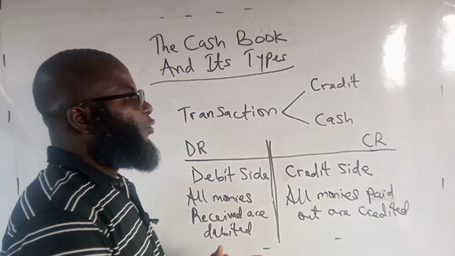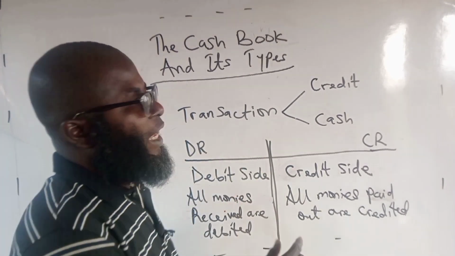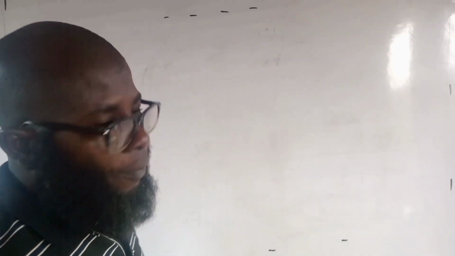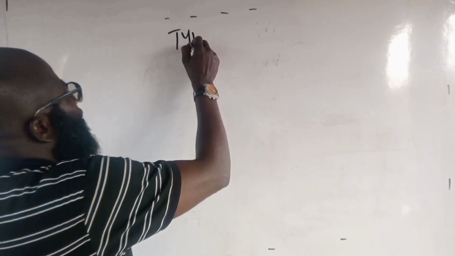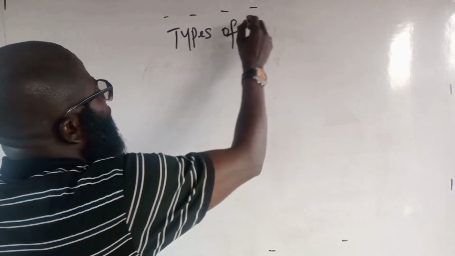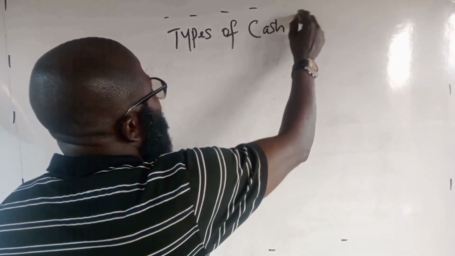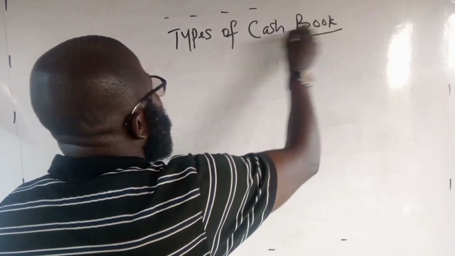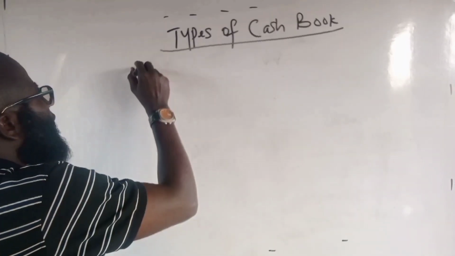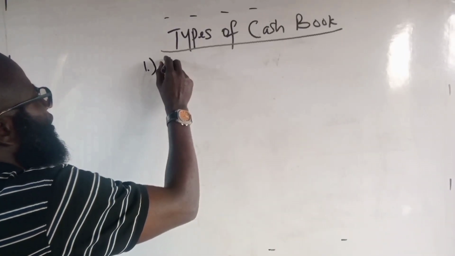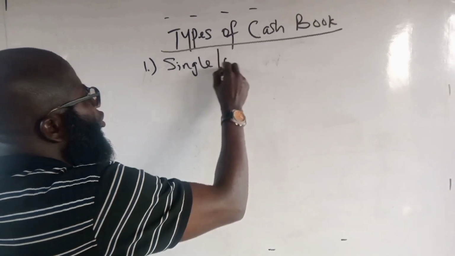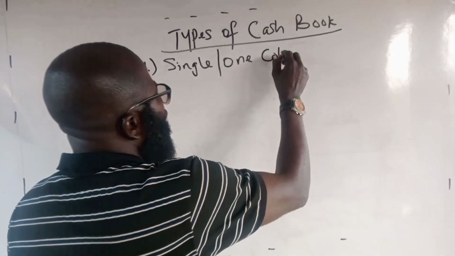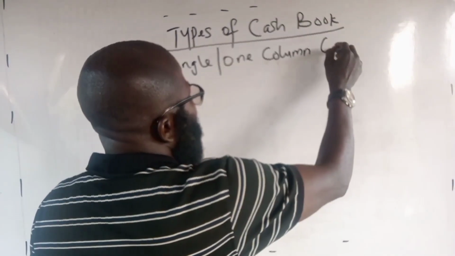As a result of it, this is what you need to understand on this. The next step is to move to the types of cash book. The first type of cash book is the single or one column cash book.